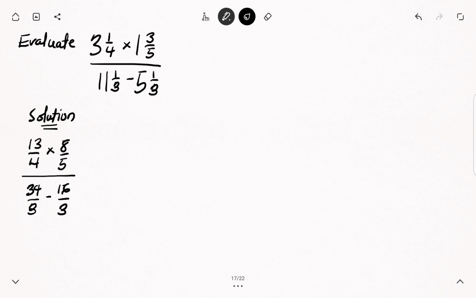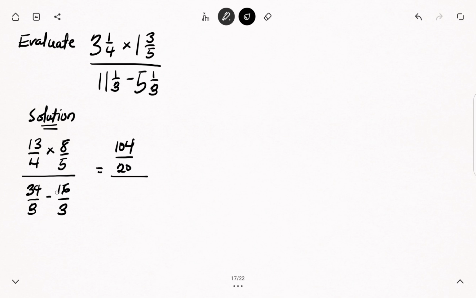So this is now equal to, now if you look at the top, I have two fractions multiplying each other, so I can just multiply them to get my resultant. So 13 multiplied by 8 will give me 104 on 4 multiplied by 5 will give me 20, on, if you look at the denominator, or the fractions at the bottom that we have over here, we realize that they are like fractions because they have the same denominator.